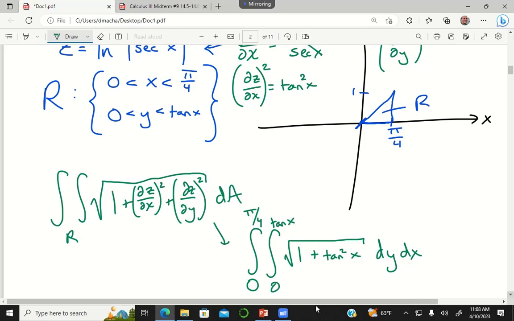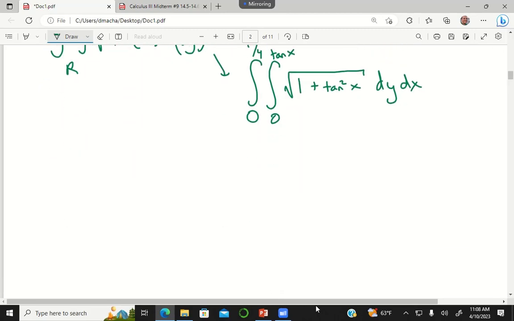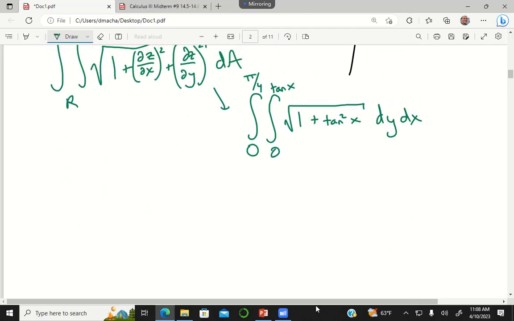Okay. So if I solve this integral, then we can get our solution. And now the trick is, what would be a good antiderivative for 1 plus tangent squared? Is that secant squared, or is it tangent squared minus 1? Yeah, I think you're on a good track here.